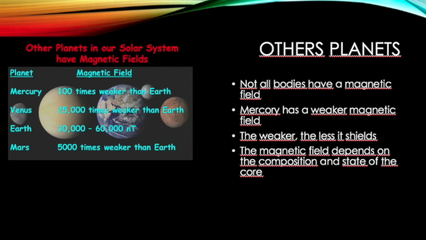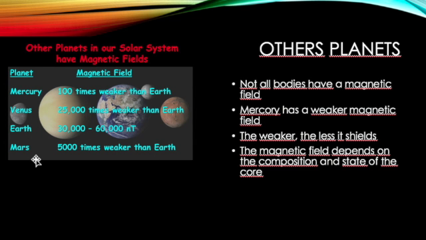As we can see in this image, all the planets have different magnetic fields. The difference in the magnetic field of each planet depends on the core of the planet. For example, Earth's core is partially molten, while the core of Mars is thought to be solid.